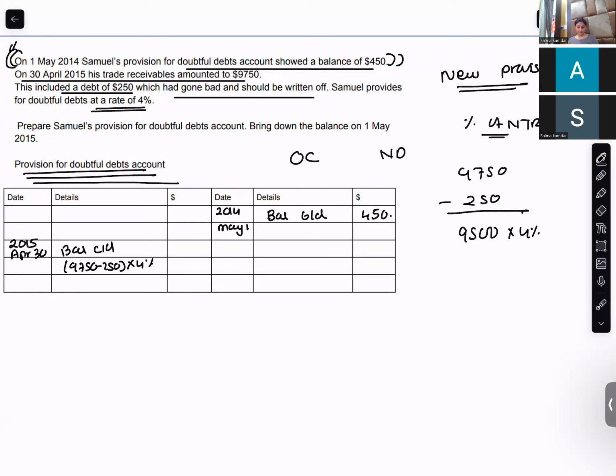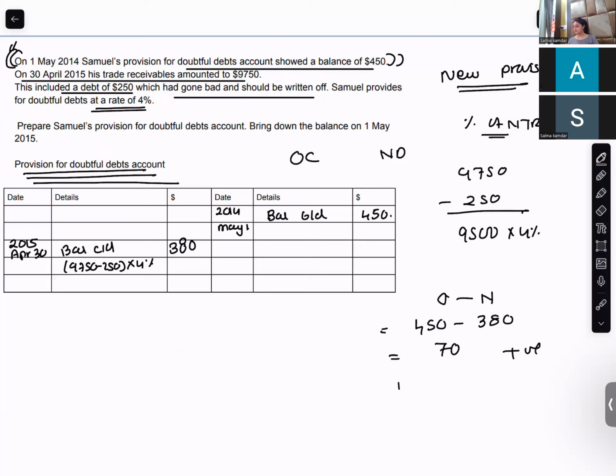Okay, fine. Then old minus new. So it will be PDD debit, income statement credit. First give me the amount. Old is 450, new is 380, old minus new is positive, 70.